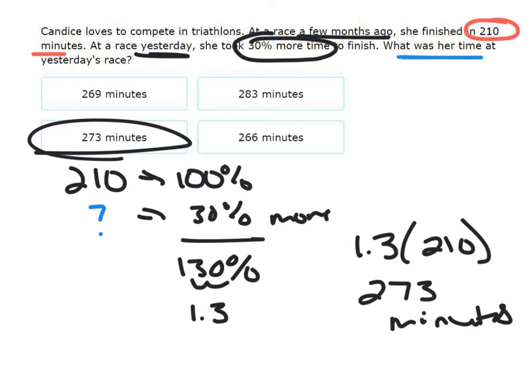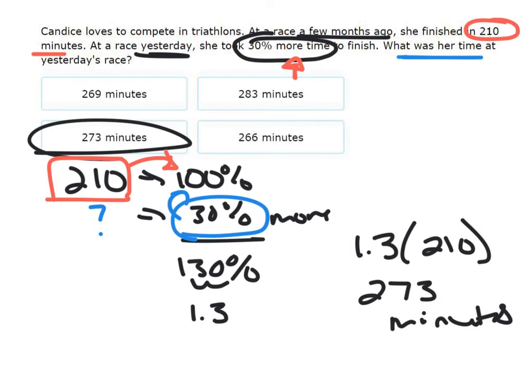So again, we know that the original is always going to be 100%. We look for those key words, more time. On the last problem, it was fewer. So that tells me if I'm adding our percent to the 100 or if I need to subtract. In this case, because it was more, we added that.